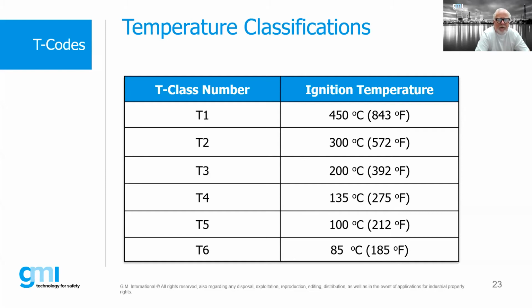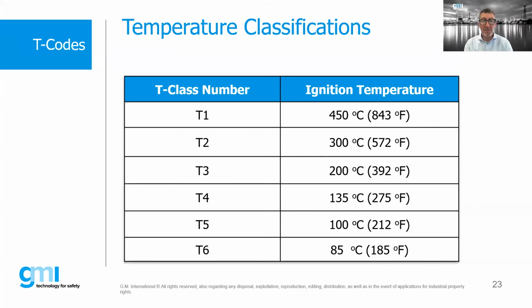So we can use a product marked T5 in an environment in which the gas is also rated T5, because the gas ignition temperature will be higher than the product's surface temperature, if that makes sense. Hopefully it does.